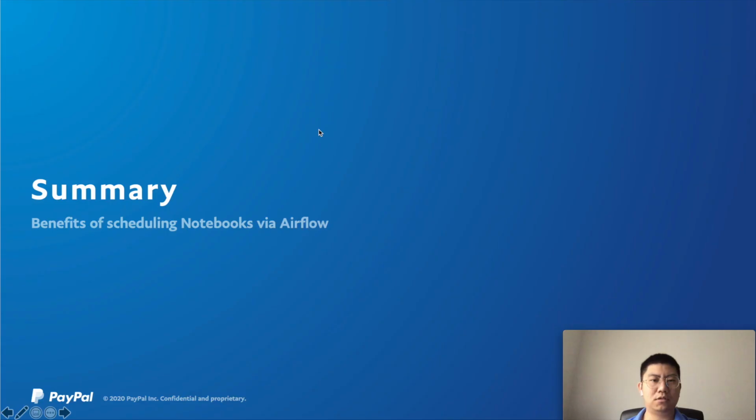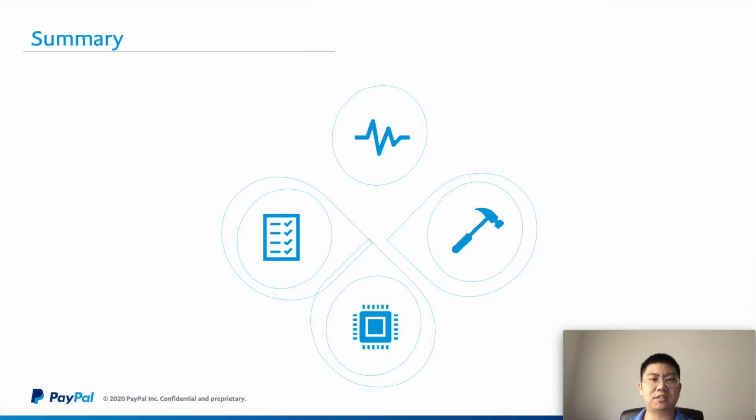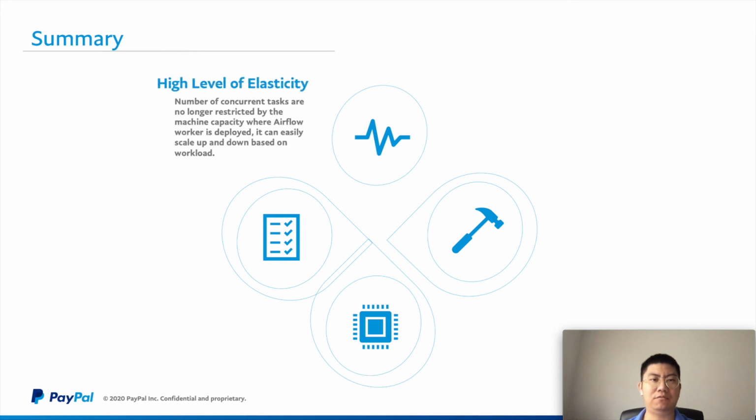config map. So in summary, using Airflow with Kubernetes executor, we were able to achieve a high level of elasticity. The number of concurrent tasks is no longer restricted by the machine capacity. It can be easily scaled up and down based on the actual workload.